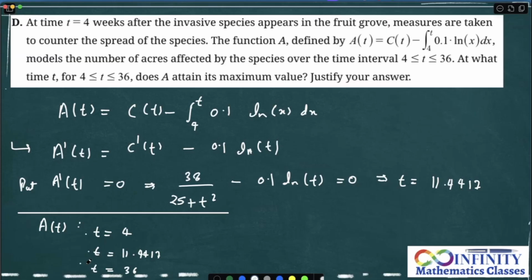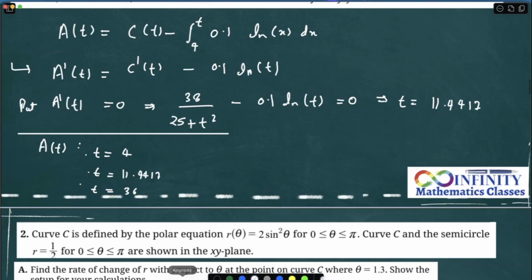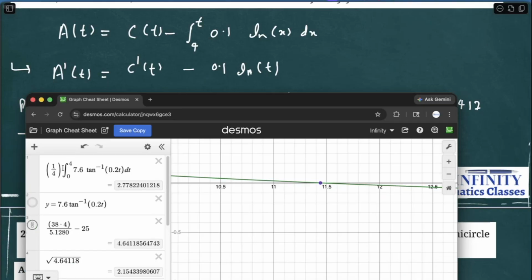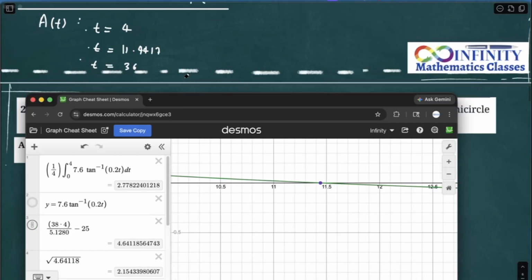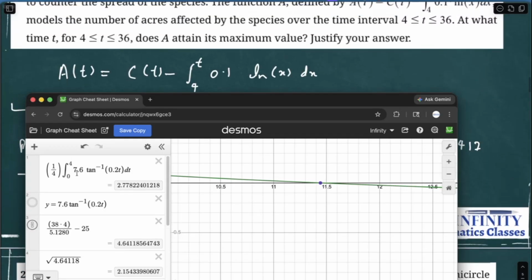Now, can you just tell me how should I get the value of A at these points? Any idea? We can use the equation once more. Let me just check. A contains C(t) minus, what was your C(t)? C(t) was this term.